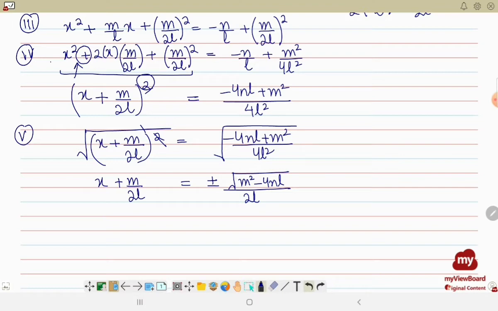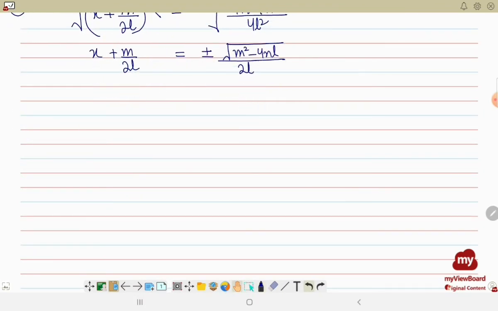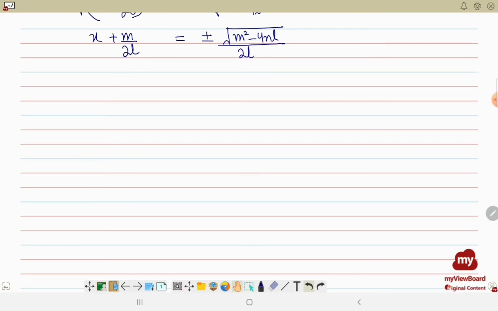Since the radical is on both numerator and denominator, we can even write it separately. Now since we only need the value of x, we'll shift this term to the right hand side. So it will become minus m over 2l plus minus the square root of m square minus 4nl divided by 2l.